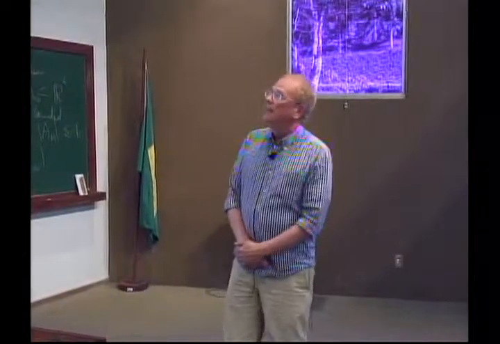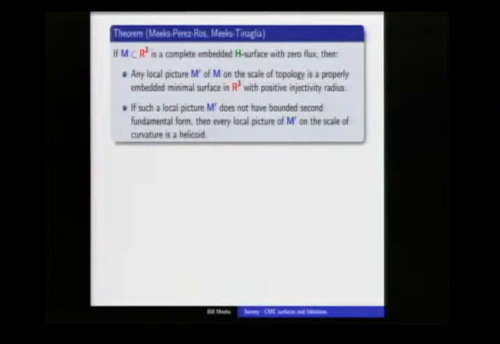Then we want a very general result: any local picture M prime of M on the scale of topology. This is the scale where you pick points of almost minimal injectivity radius, you translate them to the origin, you rescale, and we had this very long theorem that I talked about before.